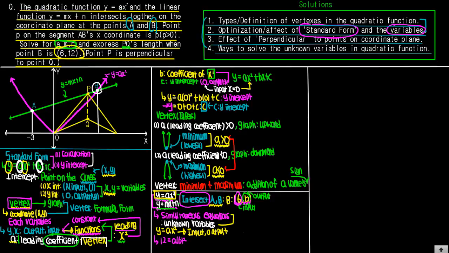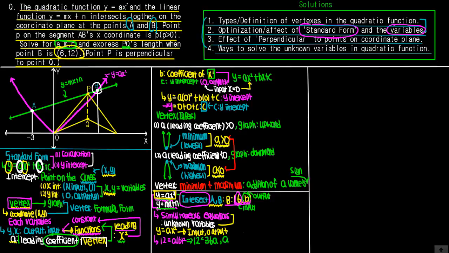And the only reason why we could do it is because this quadratic function passes through our point B. So if we keep solving this, we'll get 12 is equal to 6 squared is 36, 36a.